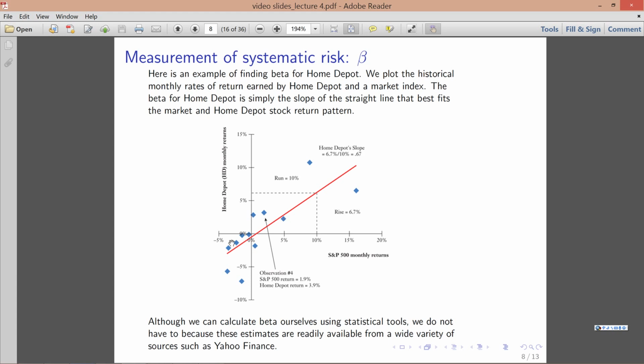If we plot all the dots and find the line that best fits all those dots, the slope of this line will tell us the rise, the change in Home Depot's return, divided by the run, the change in the market return. And that tells us how Home Depot's return changes with the market return.